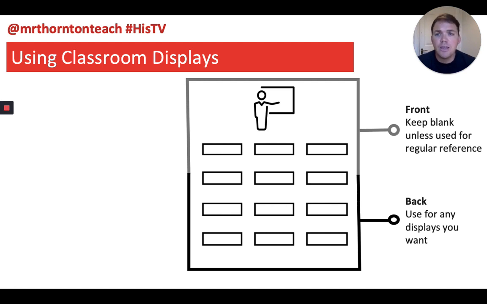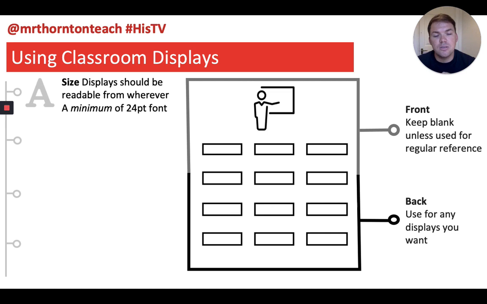And there are four key things here that I think you should be really careful of when using classroom displays. One of these is size. How often do you see displays in classrooms, and I've been guilty of this, where I've printed out some student work and stuck it on a display. Well, only the student next to it can read it.